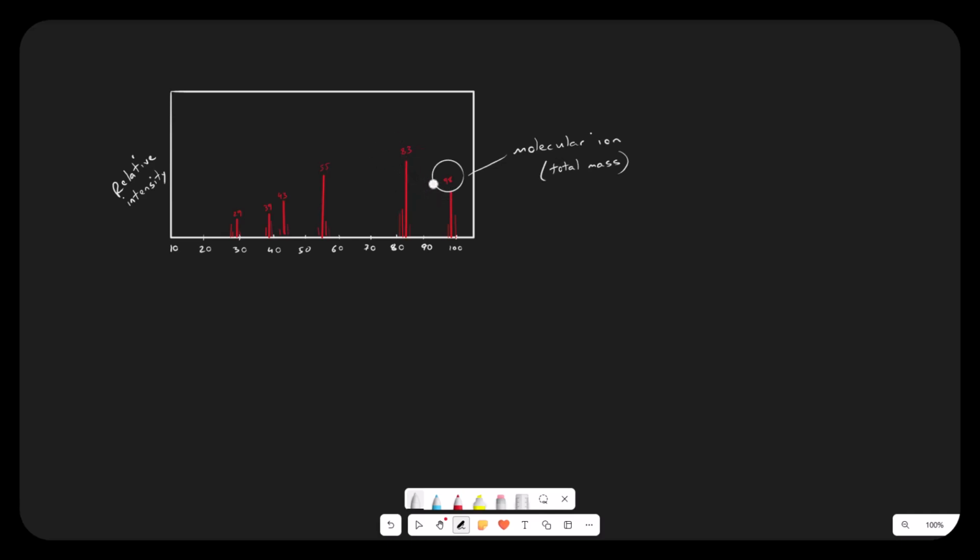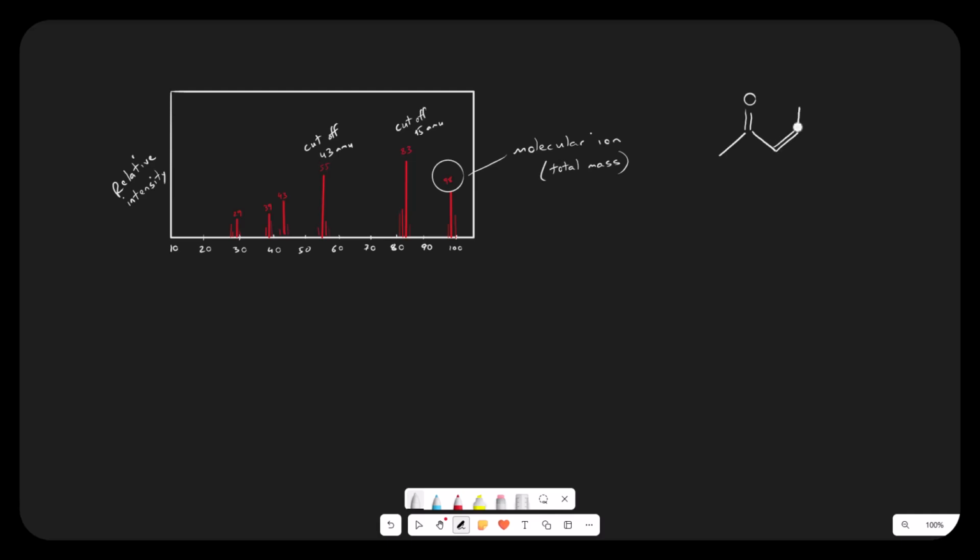The next most likely is that 98 minus 55 is 43. So the next most likely is that I cut off 43. This one I cut off 15 AMU. This one I cut off 43 AMU.